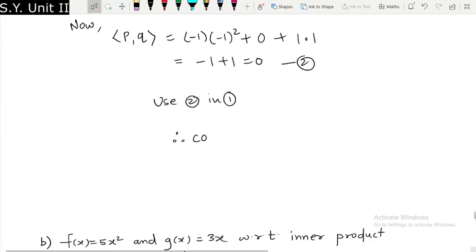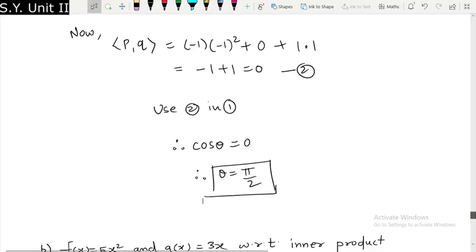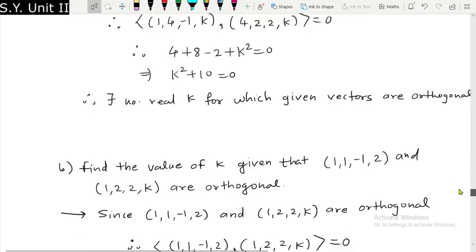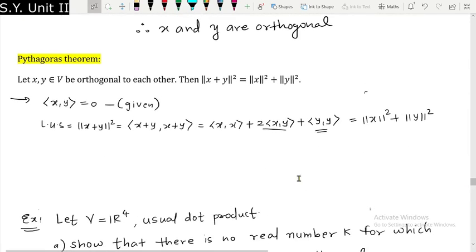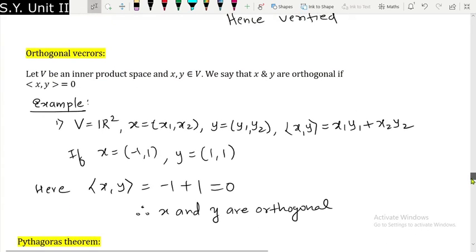Therefore cos theta will be equal to 0, and for which value of theta is cos 0? I guess it is pi by 2, and therefore the angle between the vectors in this case is pi by 2. And actually the geometrical meaning of orthogonal vectors is the same thing. Why are they using the word orthogonal? Because orthogonal means perpendicular.